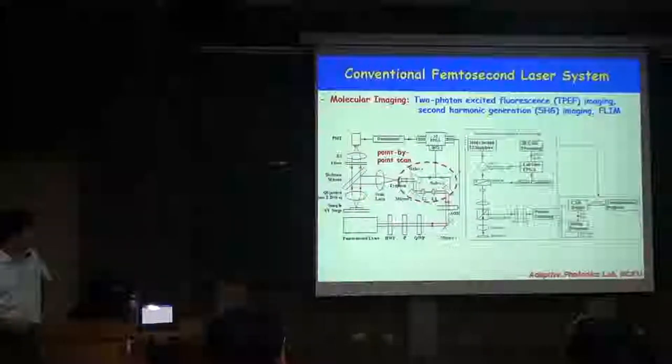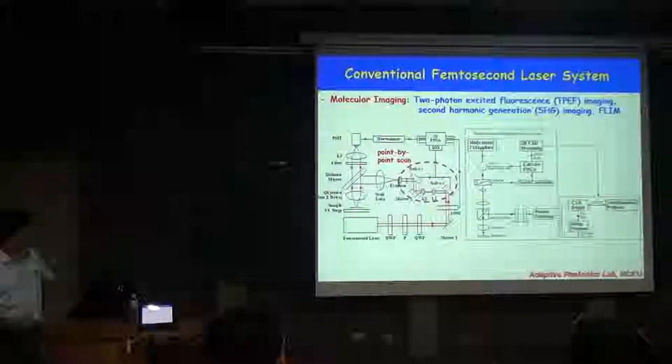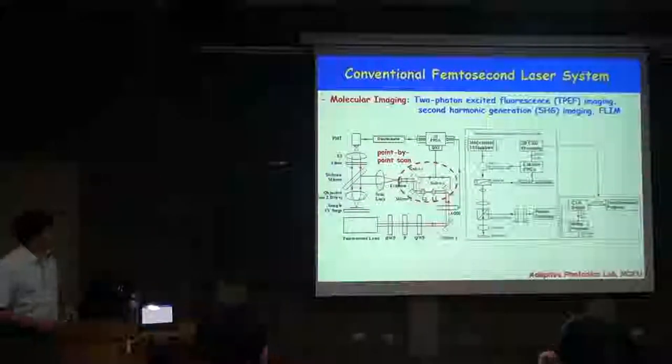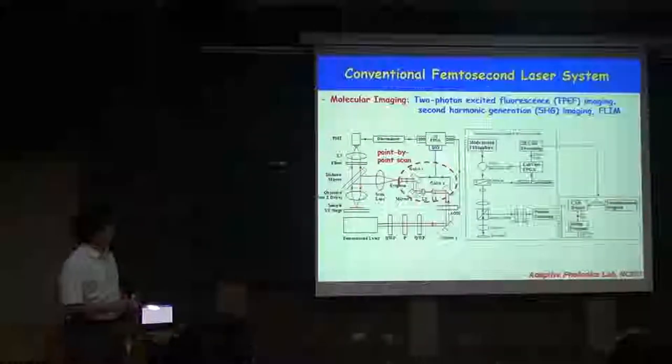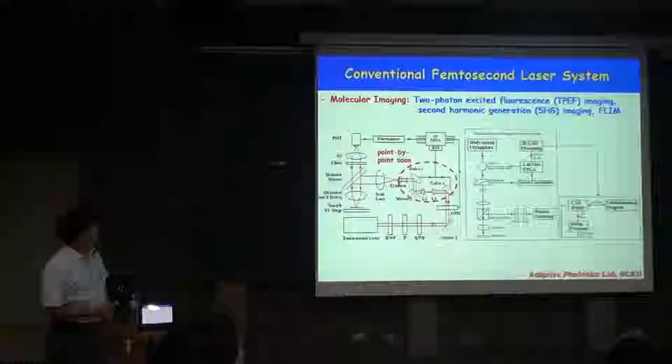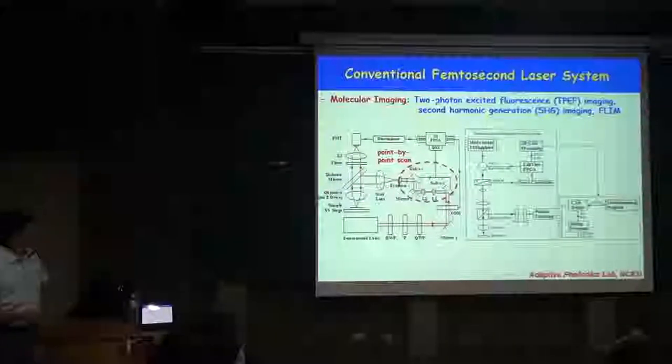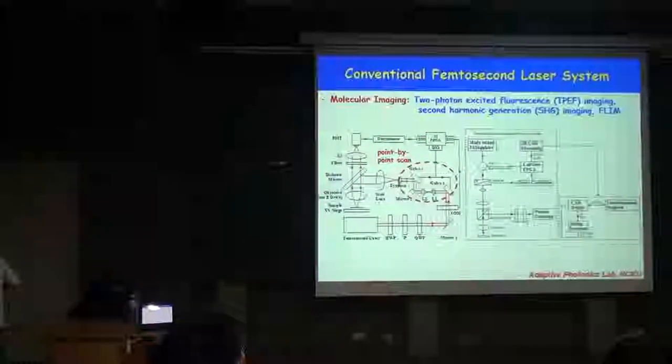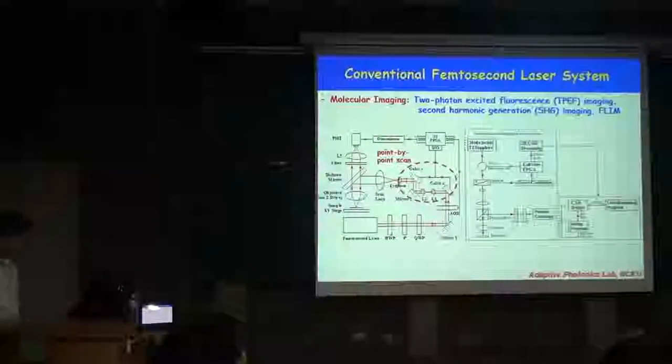Then you can move your stage to get the 3D image. This conventional femtosecond laser can provide you the molecular image such as the two-photon excitation fluorescence, or second harmonic generation image, or the fluorescence lifetime imaging microscopy.